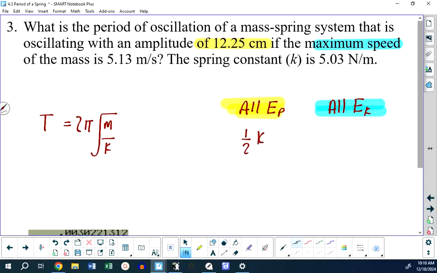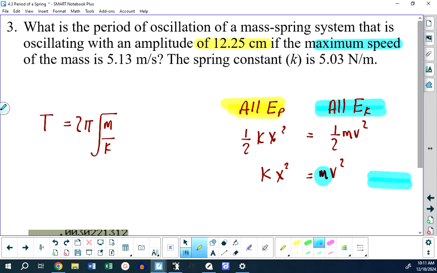1/2 kx squared has to equal 1/2 mv squared, which means kx squared equals mv squared. Our goal is to determine this first.